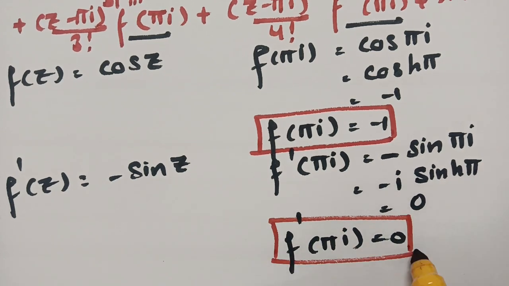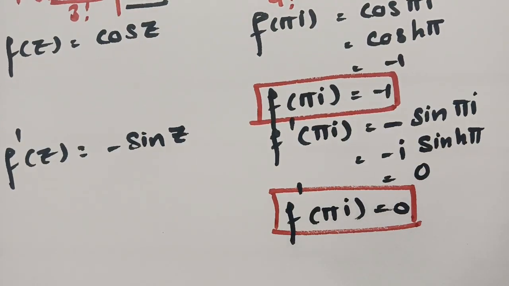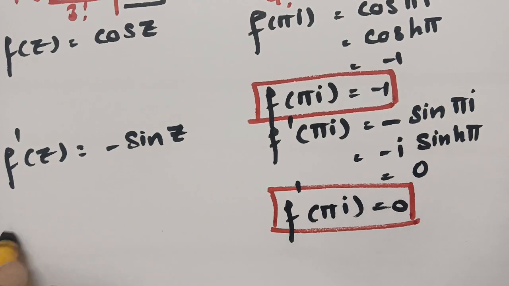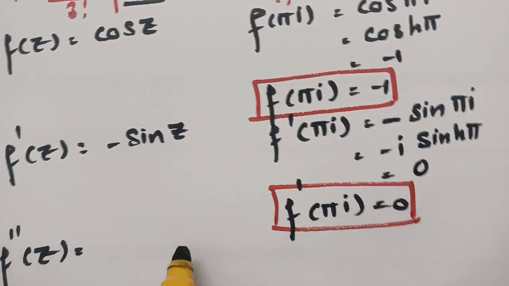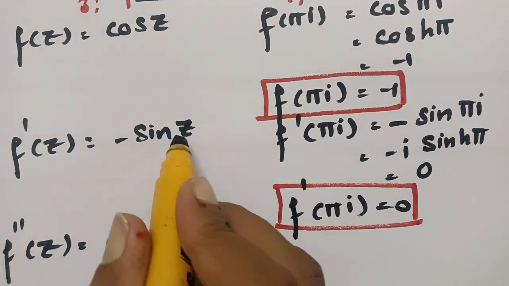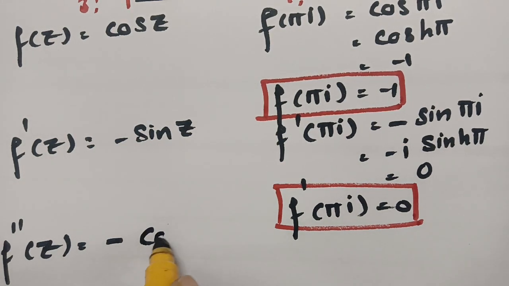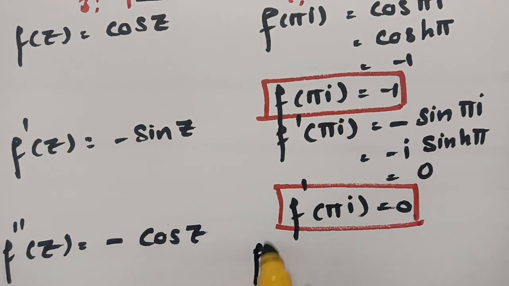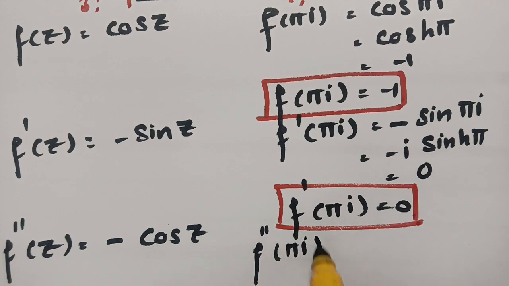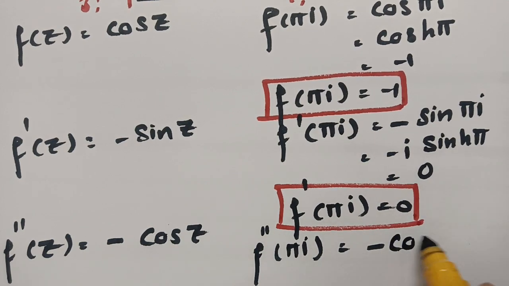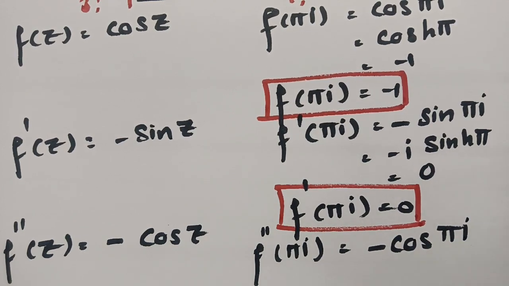And the next here we have to calculate f double dash. So f double dash of z is equal to, already this is minus, and for sin z this will be cos z. Therefore f double dash of pi i is equal to minus cos of pi i.